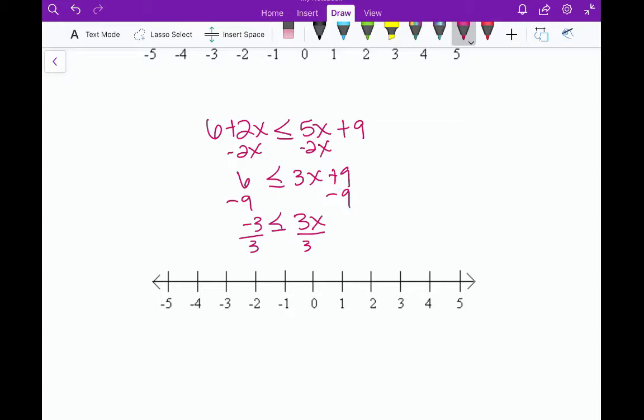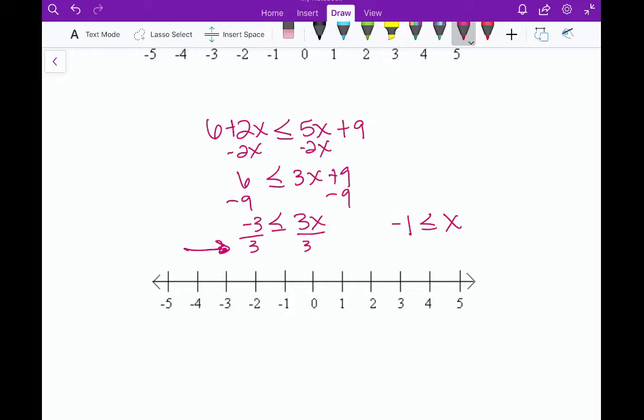So that has left me with negative 1 is less than or equal to x. Now notice I did not divide by a negative. So we're really paying attention to this bottom number here. I divided a negative 3 by 3, but again, the negative 3 in the numerator does not dictate whether or not I flip my inequality symbol. It's the denominator that dictates that.